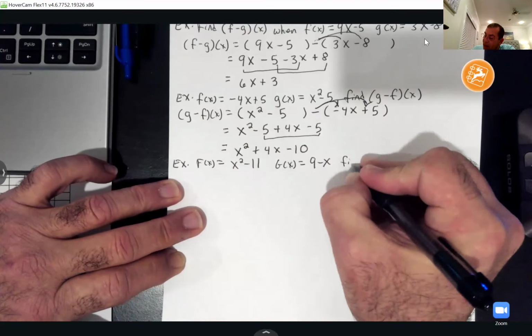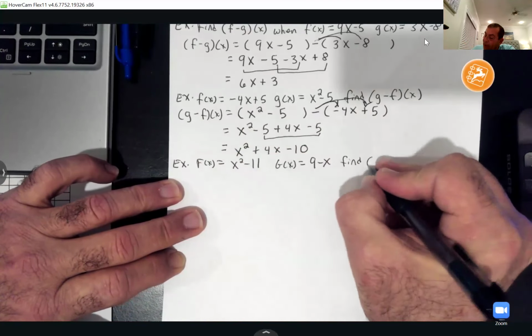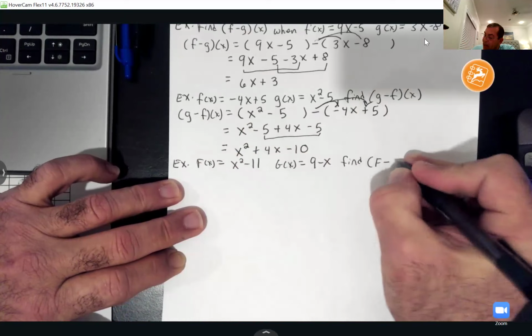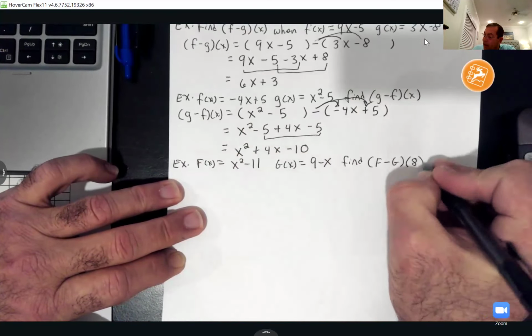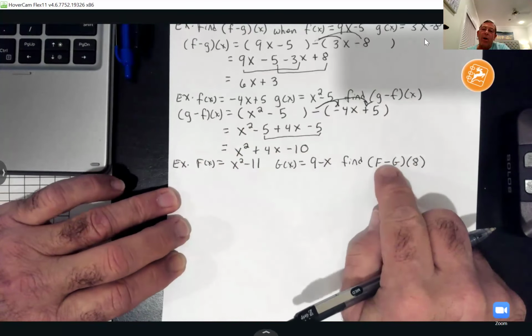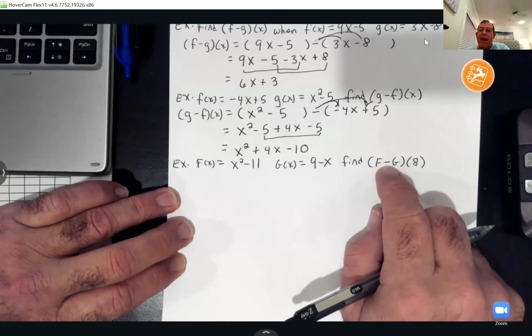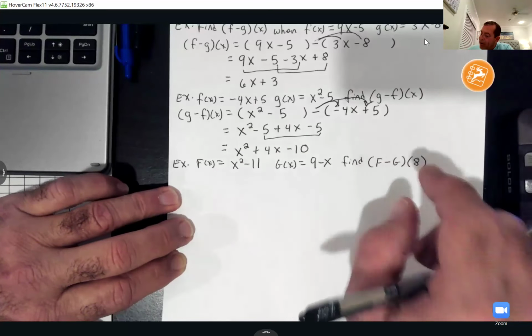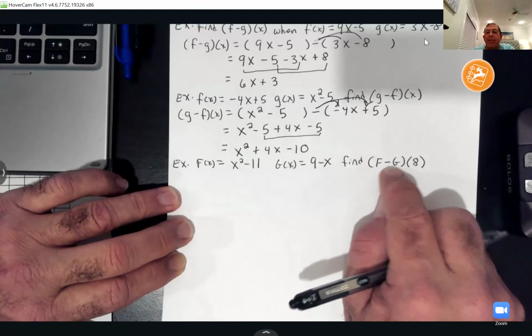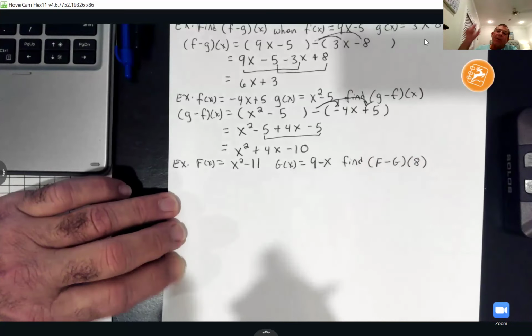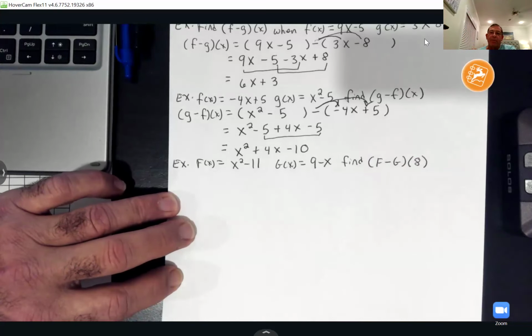They want us to find f minus g of 8. So remember a while ago they said find f of 8 minus g of 8. Now they're going into this lingo showing you that f minus g of 8 is the same thing that we did a while ago when they gave us numbers, okay?